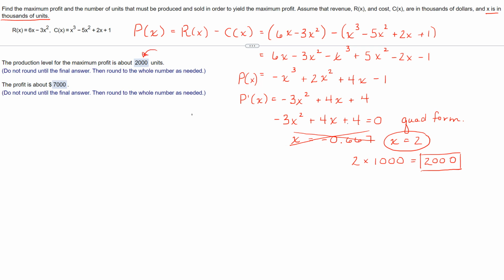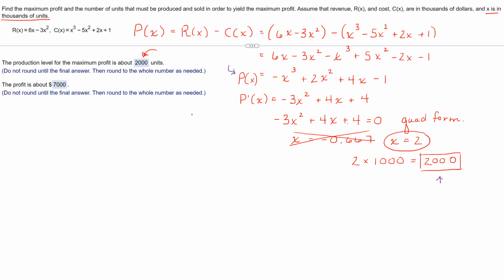Now, to find the profit, I'm simply going to take the 2,000 and I'm going to plug it into my profit function.